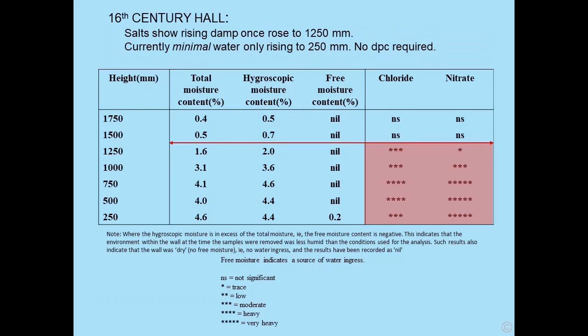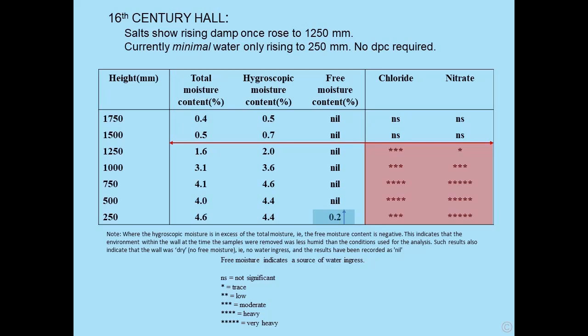Another interesting one was this 16th century hall. There about 9 or 10 of these profiles were undertaken, and it showed that rising damp had once risen to 1250 millimeters. However, when you look at the complete profile, we've only got water now rising to 250 millimeters. It had dried down quite significantly, and this happened in all the profiles.